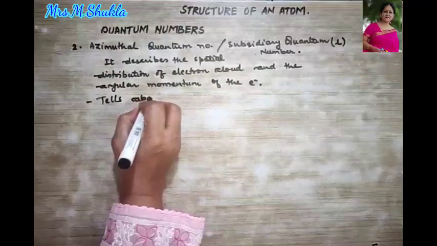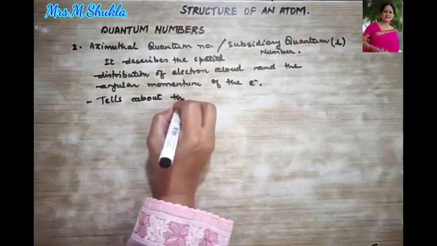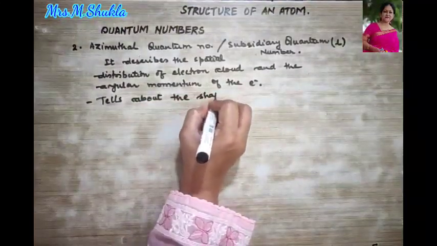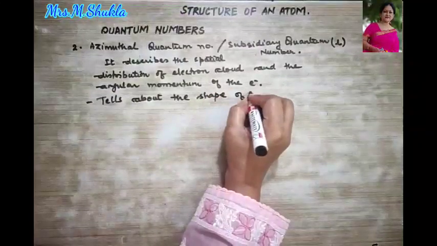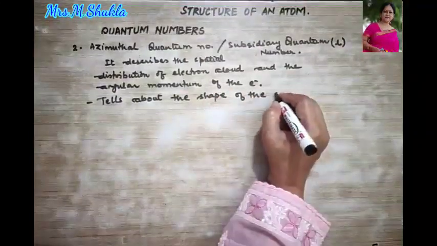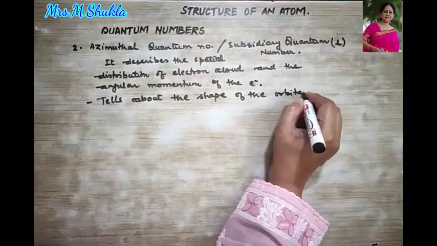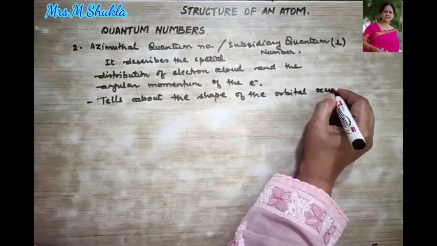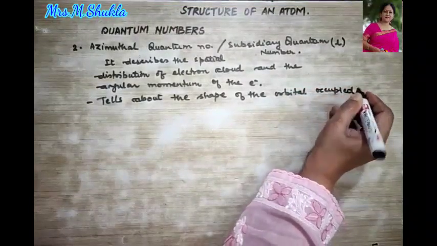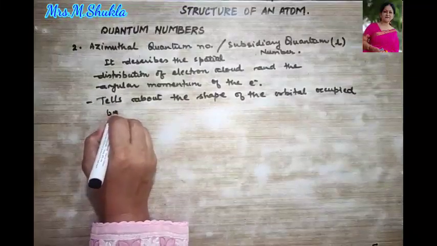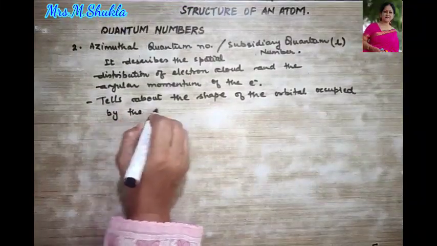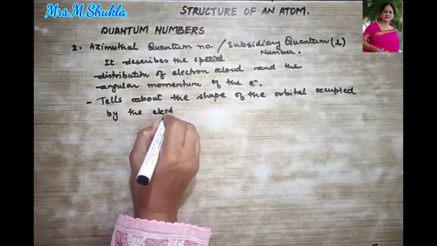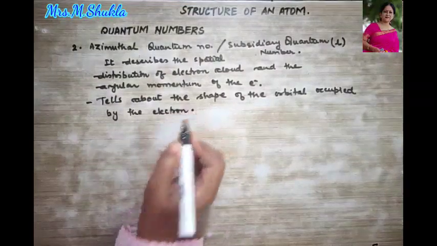Tells about the shape of the orbital occupied by the electron. Right?